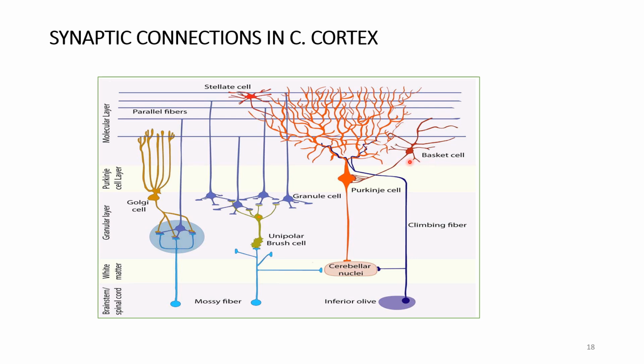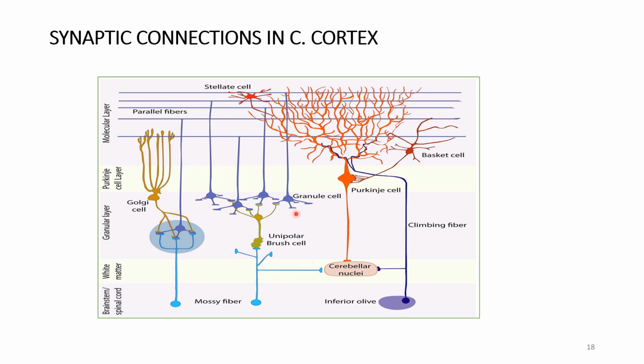These basket cells will form a basket around the Purkinje cell. Here come the Purkinje cells. Then comes the granular layer, which has granule cells and Golgi cells.